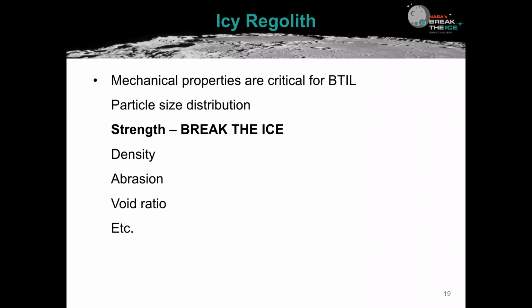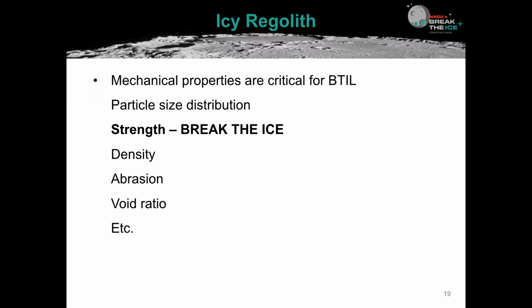Okay, so since we're on Earth, the density is going to be regular Earth gravity density, but it could, of course, affect how you design your robotic system to deliver. Abrasion's a big one. We're not even going to try and get into how aggressive the grain particles are, the dusty grains on the moon, and how it affects the equipment that's going to do the excavation and transportation.